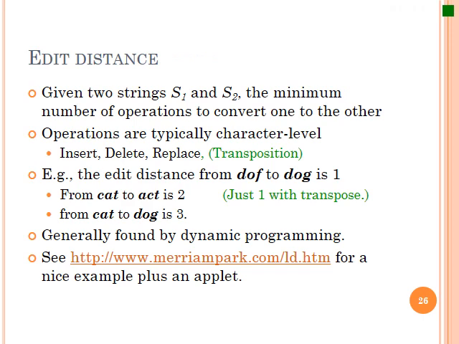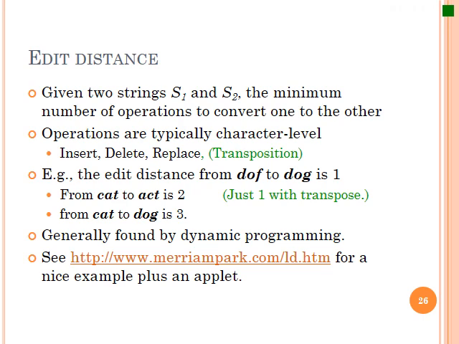Okay, so the edit distance is basically defined as, given 2 strings, S1 and S2, what is the minimum number of operations to convert S1 into S2? Okay, and by definition, what are the operations allowed? Okay, there are only 3 very primitive operations, which are insertion, deletion, and replacement.